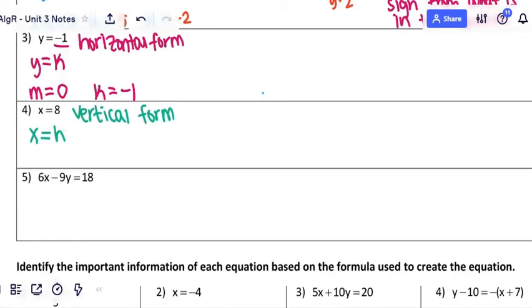Okay, so our slope is undefined. And h is equal to 8.